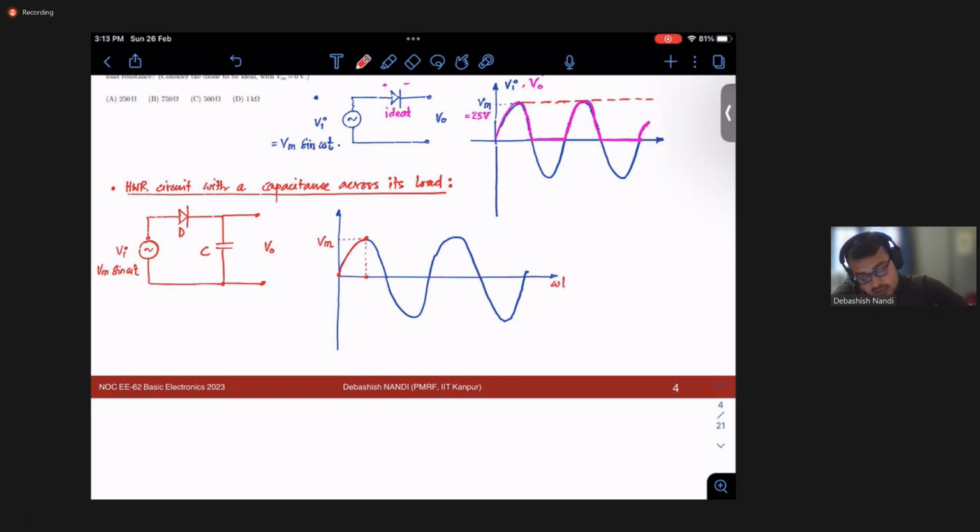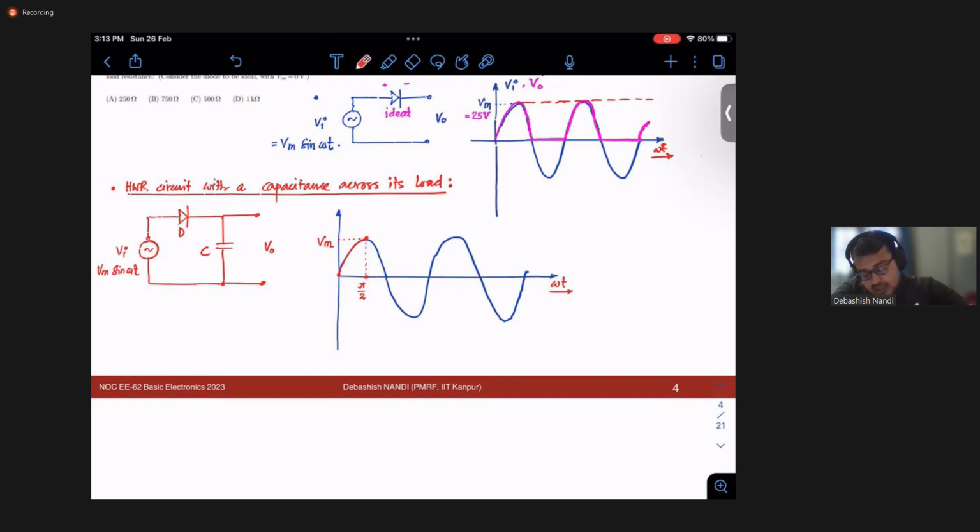Let's see, it is omega t, and it is pi by 2. From pi by 2 onwards, the input voltage is decreasing from Vm, right? It has to be toggling between Vm and minus Vm.